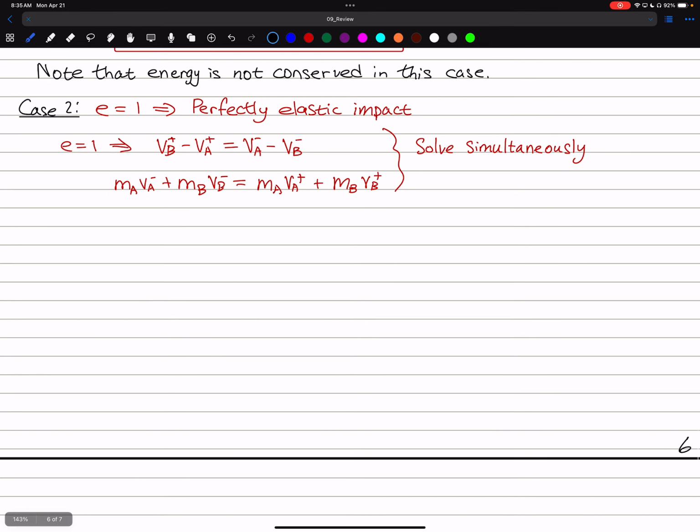All right, so note that energy is conserved in this case.